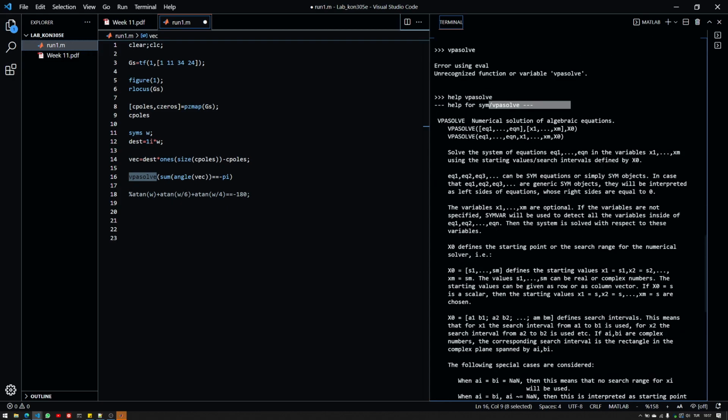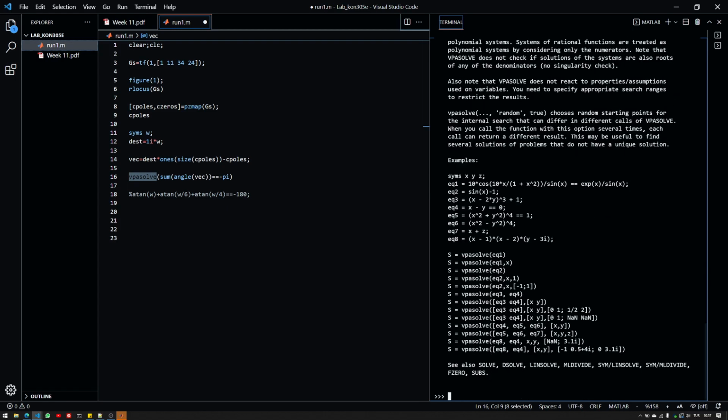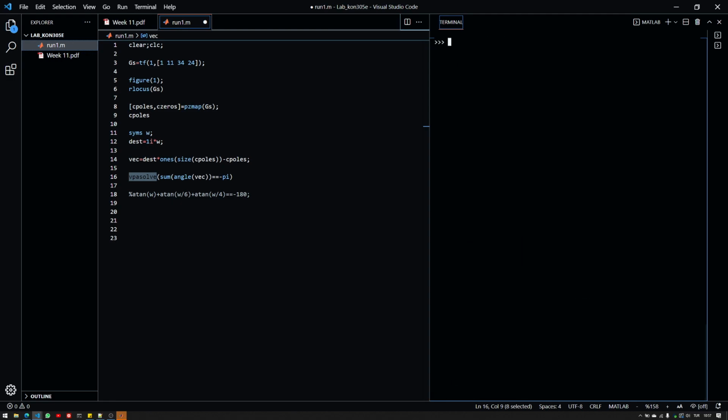So Vpa Solve is in the symbolic toolbox, and you give it the equations, maybe a starting point, and you will get a numeric solution that is close to that initial point. So we can directly call Vpa Solve, or we can give it some initial conditions. So let's try it out.